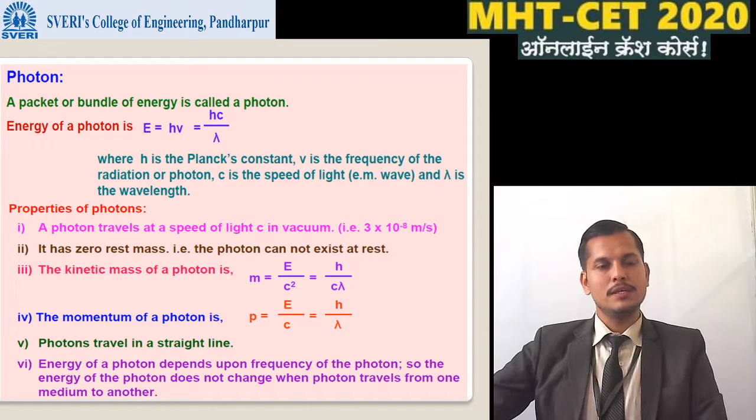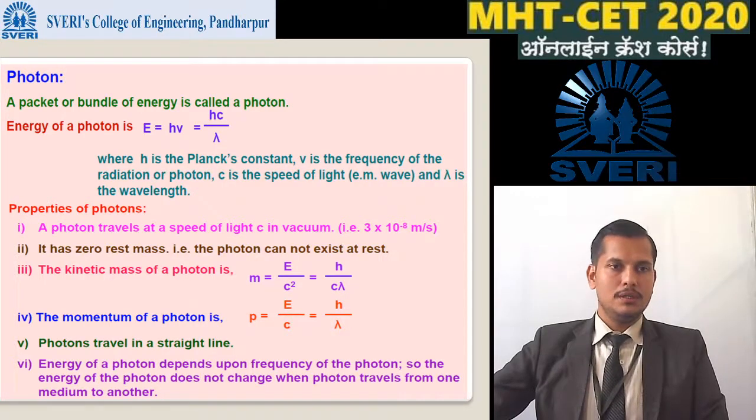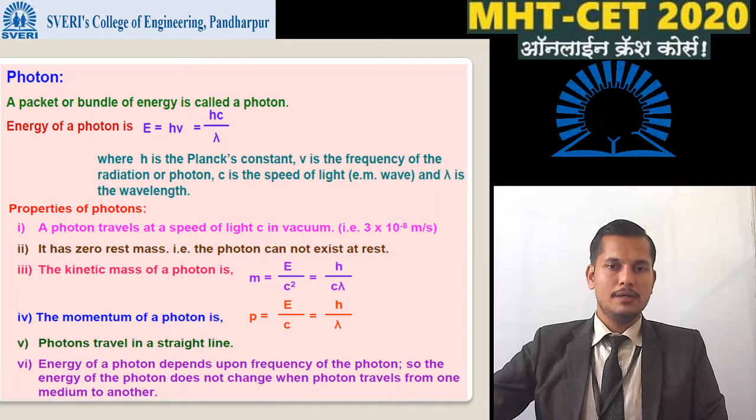What is its energy? The energy of a photon is E is equal to h nu, or you can write this as hc by lambda, where h is Planck's constant, nu is the frequency of the radiation or photon, c is the speed of light, that is electromagnetic wave, and lambda is the wavelength.